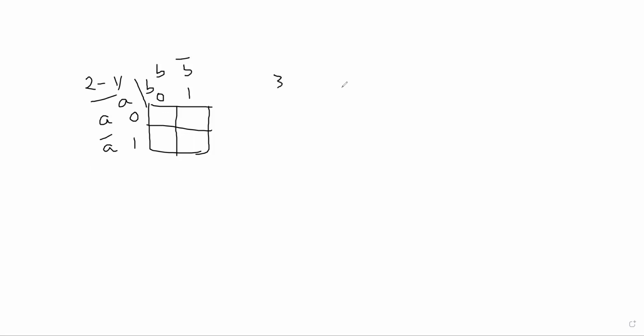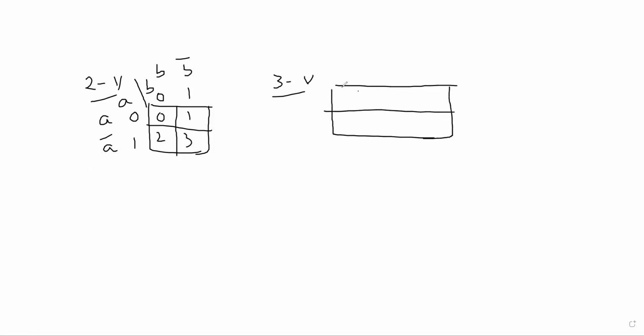Now for three variables, inside it is a gray code itself. For three variables, we are having 8 cells. Once again, if you observe A, B, C, it is 0, 1, 0 0, 0 1, 1 1, 1 0.